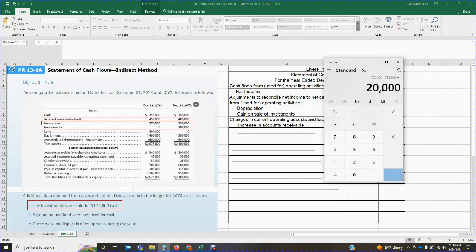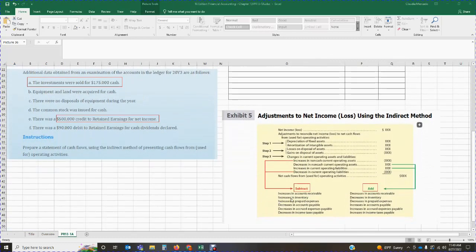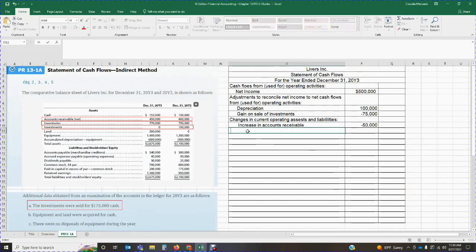That means our inventory increased by $20,000. So we're going to go to our table and locate it. If we have an increase in inventory, we're going to subtract. Increases in inventory, we subtract, and we're going to subtract $20,000.